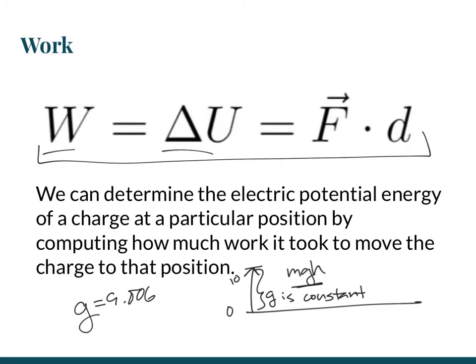When you get to calculus-based physics, you'll learn that you can actually do the integral of the force dr, which is a way of summing up force times distance for a variable force where the force is changing constantly according to some function, which it does due to Coulomb's law for electric forces. We can't consider the electrical force to be constant in the situations we're working with.